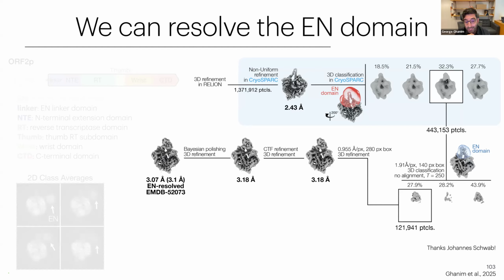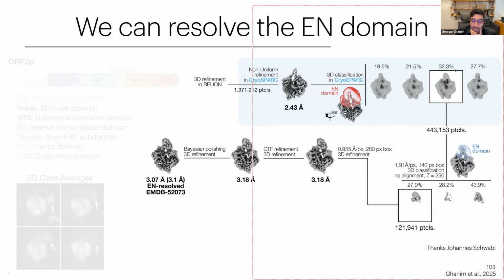Normally, I think if these alpha helices were not there, some of these easier strategies would have worked. And I think I would have been able to resolve the endonuclease domain to higher resolution. But because of these two rigid helices, I say rigid, they weren't even that rigid. They would flex back and forth with the endonuclease domain. It complicated the data processing.